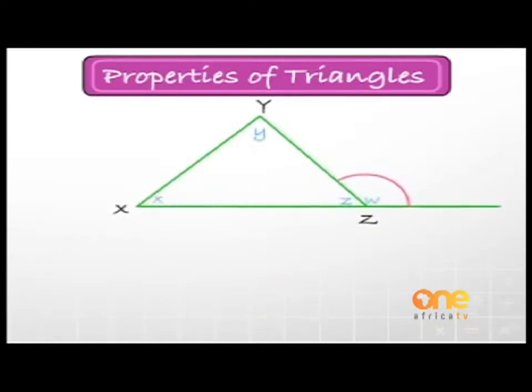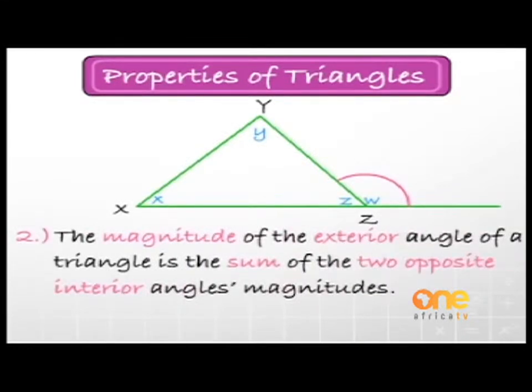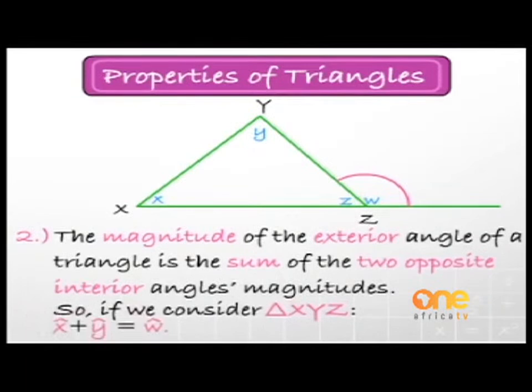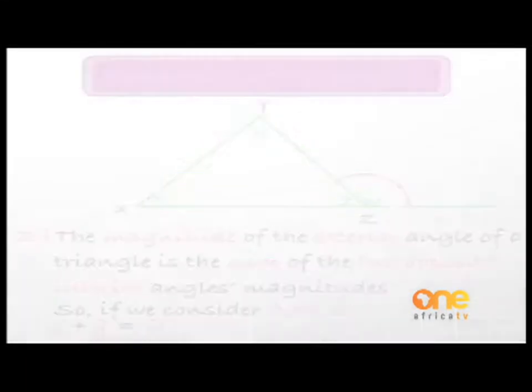Property 2 says that the magnitude of the exterior angle of a triangle is the sum of the 2 opposite interior angles' magnitudes. So, if we consider triangle XYZ, then angle X plus angle Y is equal to angle W.